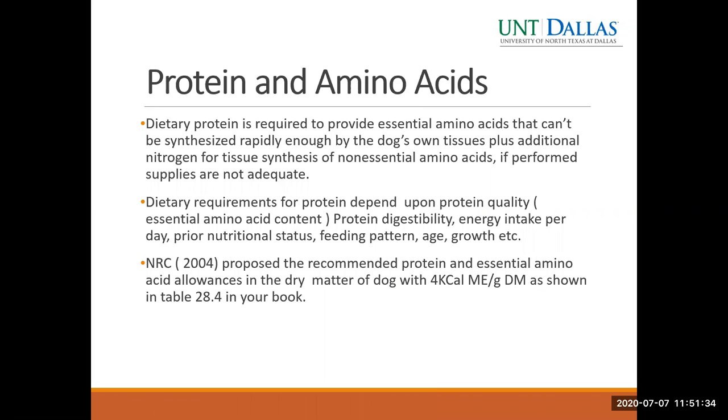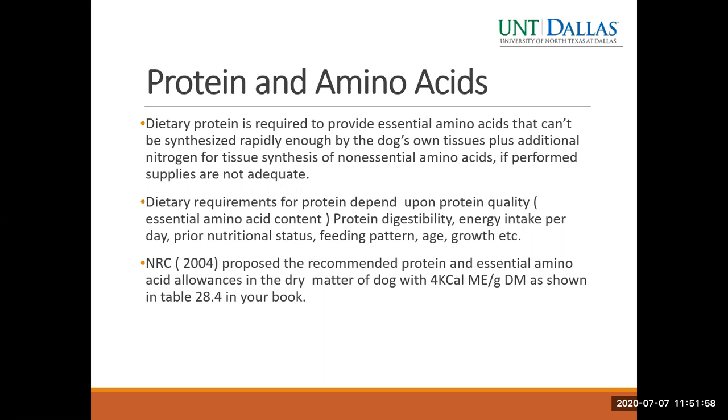So proteins and amino acids are another important nutrient. The dietary protein is required to provide the essential amino acids that cannot be synthesized rapidly enough by the dog's own tissues, plus additional nitrogen for tissue synthesis of non-essential amino acids if supplies are not adequate.